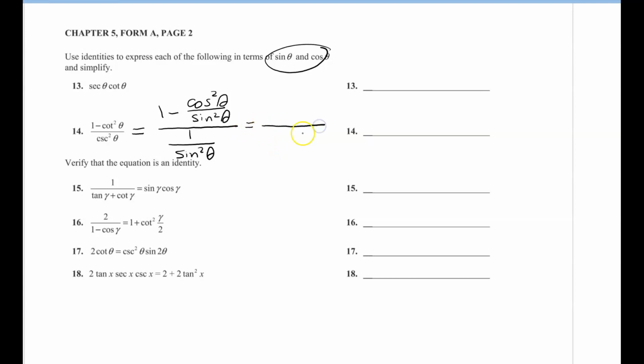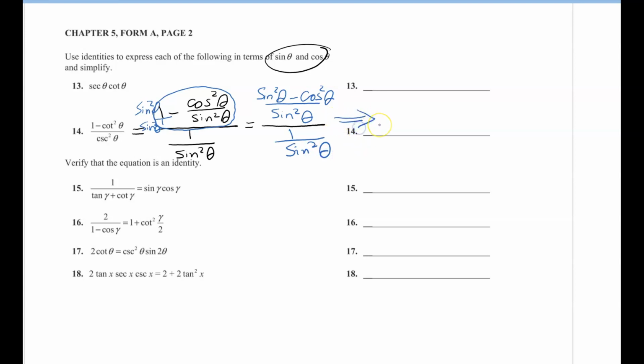This is a complex fraction. You need to simplify the numerator by taking the common denominator, sine squared theta. You multiply top and bottom by sine squared. So it's sine squared theta minus cosine squared theta over 1 over sine squared theta.